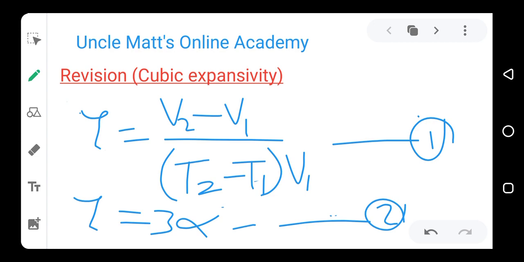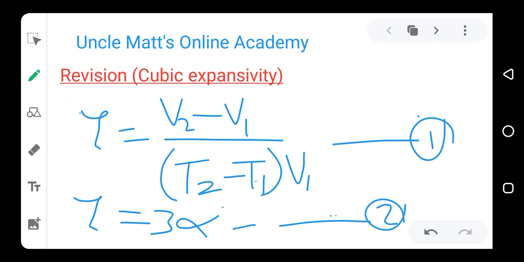In some cases, just to make things a little bit harder for you, instead of giving you linear expansivity, they will give you the area expansivity and ask you to find the cubic expansivity.